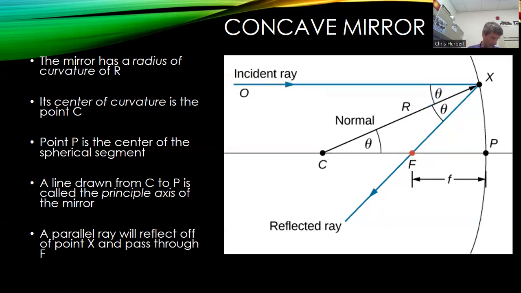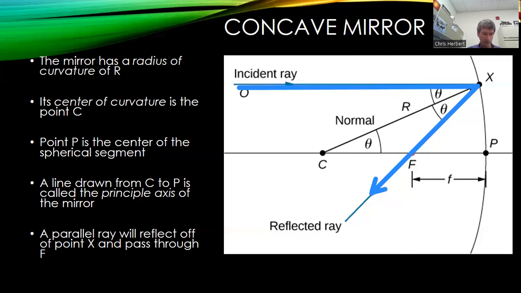So here we can clearly see we have this incident ray right here. It is going to reflect at some angle such that it takes it through the focus, and the focus is going to be half the distance of the center of curvature.